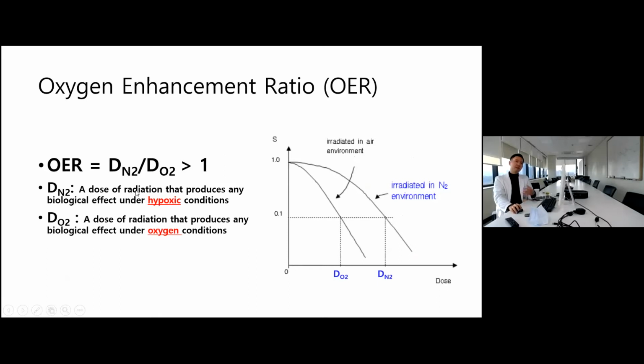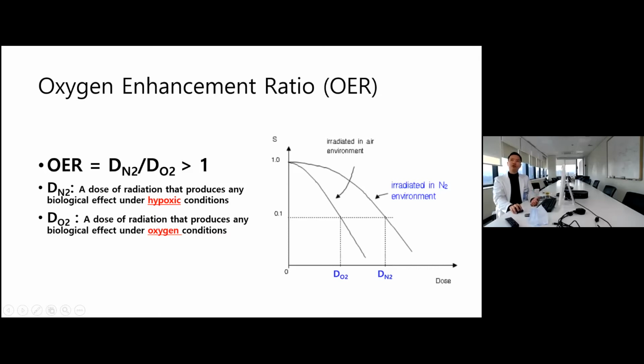It is defined as the ratio of the dose at hypoxic condition to the dose at oxygen condition, which has the same biological effectiveness.